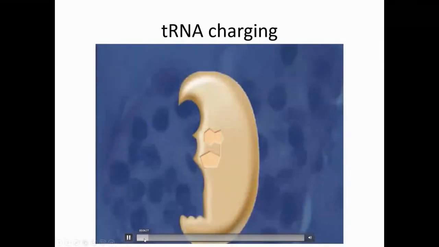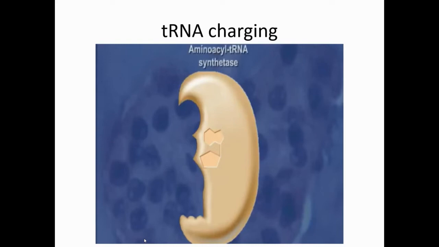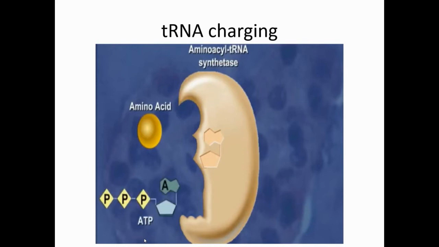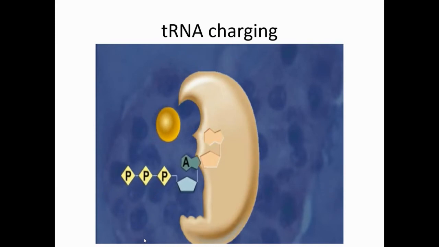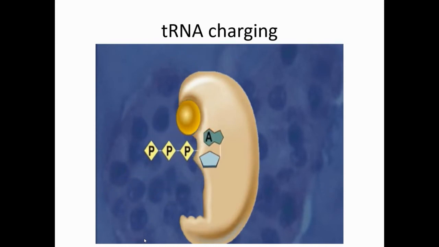Aminoacyl tRNA synthetases catalyze the formation of charged transfer RNA. To begin the process, a specific aminoacyl tRNA synthetase binds a particular amino acid and also a molecule of ATP at its active site. A covalent bond is formed between AMP and the carboxyl group of the amino acid.